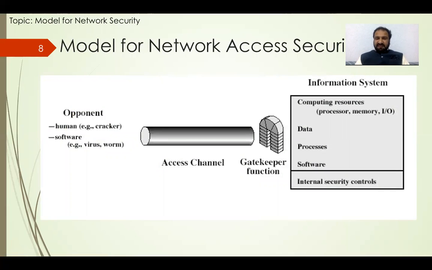Now this is access security, that how you get the access to the information system. Like you have an opponent, and opponent means he is a physical user, like a cracker, or a software like a virus or worm, and he gets access to the channel. So you must have a gatekeeper or a firewall or a router. Normally you give him a kind of SOPs.